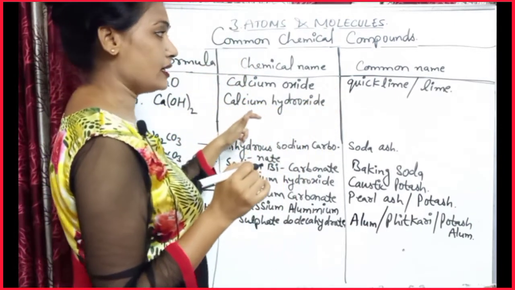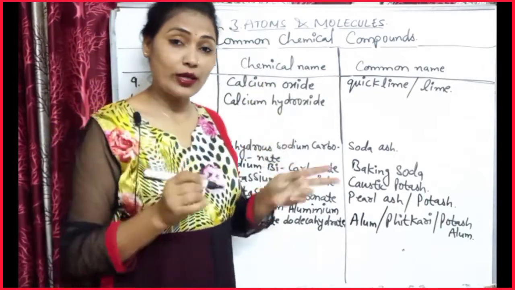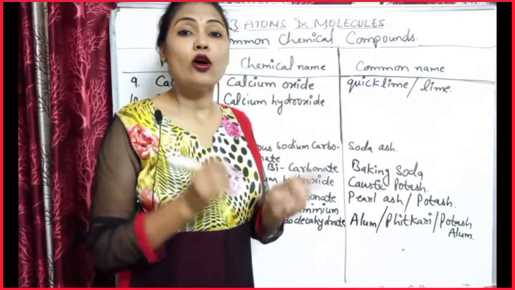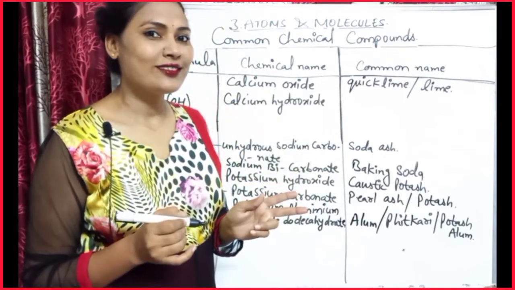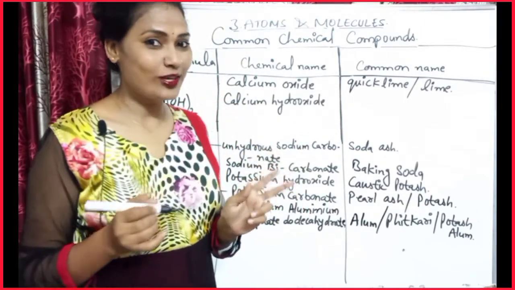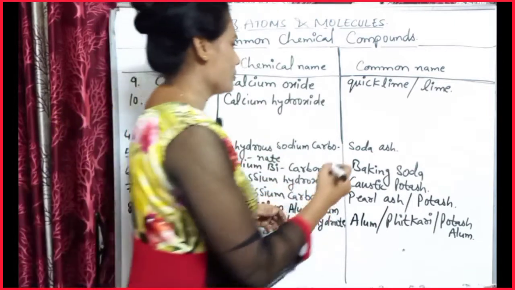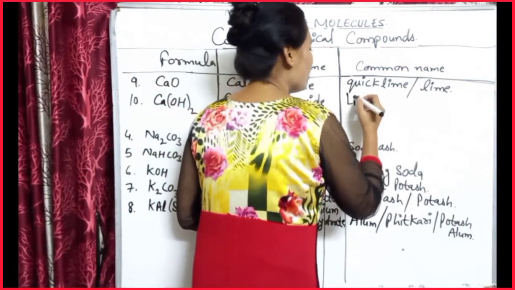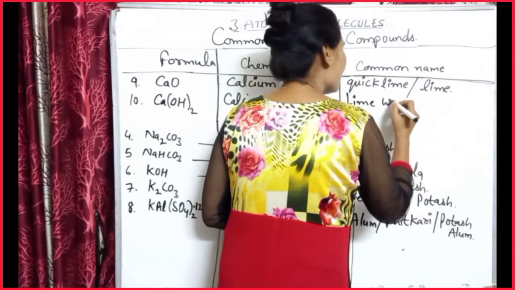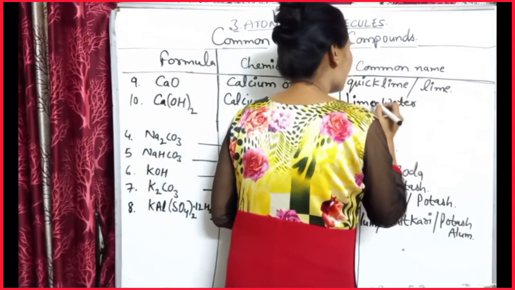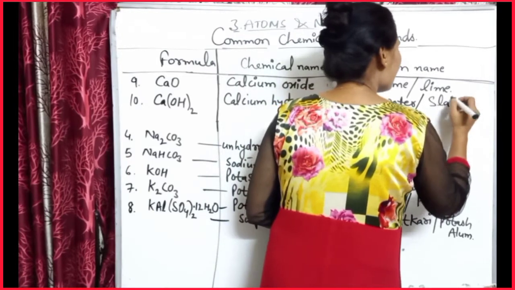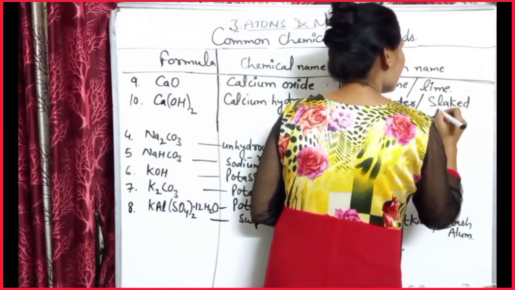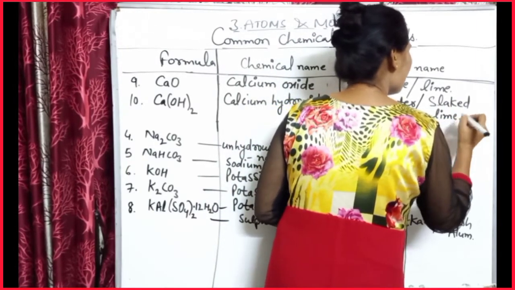Calcium hydroxide is known as slaked lime, or it is also known as, you should be aware about that, lime water. So you can write lime water, commonly it is known as lime water, or it is known as slaked lime.